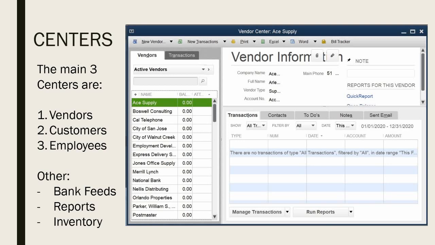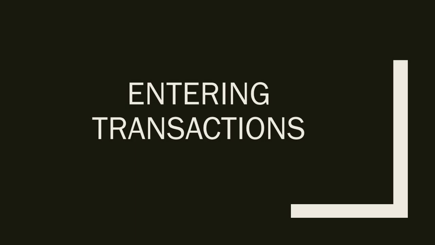As you can see at the top up here, you've got the vendor list, and right next to it says transactions. That's where you're going to be entering all your transactions, where it says new transaction. That's where you're able to enter those transactions dealing with strictly vendors only. For your customer centers, obviously, anything that has to do with sales is going to be done through the customer center.